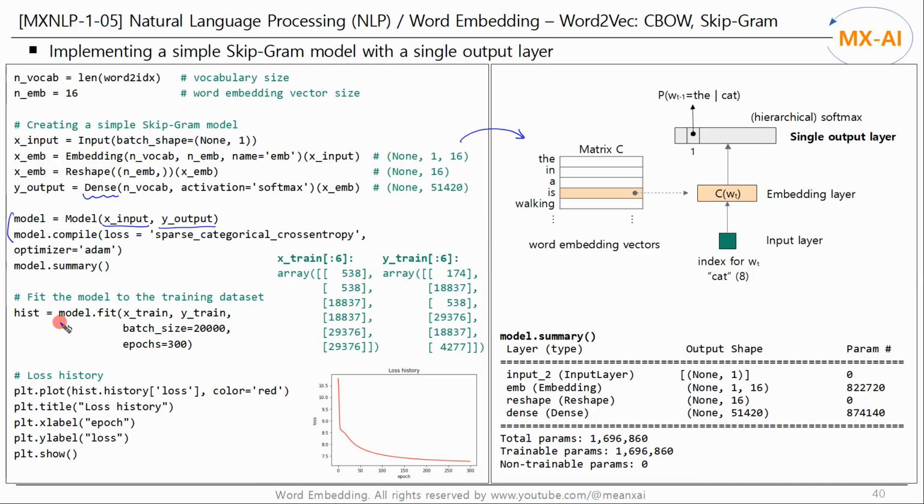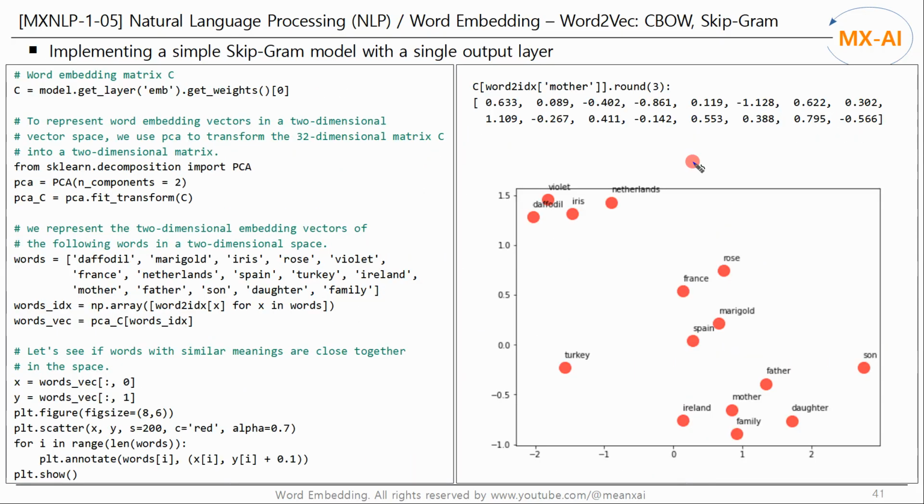Fit the model to the training dataset. The rest of the code is identical to the previous code. Let's check the results. You can see that words with similar meanings are grouped like this.